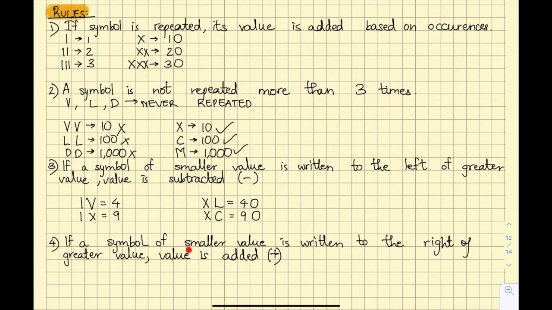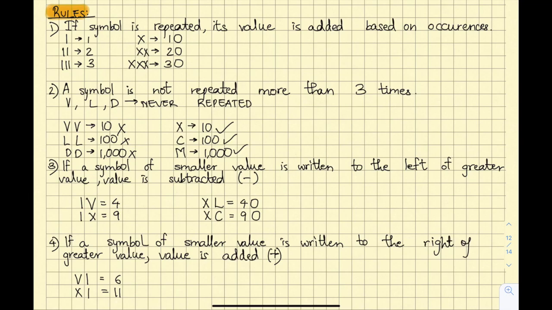If a symbol of smaller value is written to the right side of the greater value, the value is added. Just for example, this is 5. We write 1. So 5 plus 1 is equal to 6. This is 10. We add 1. So this is 10 plus 1, 11.